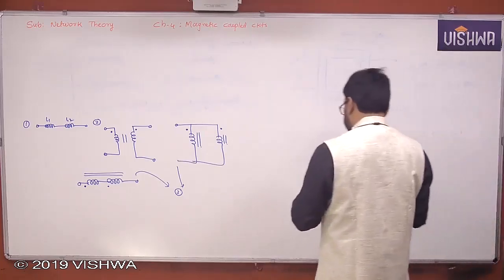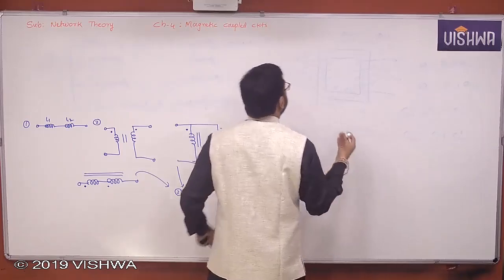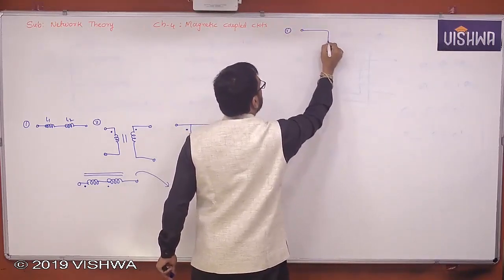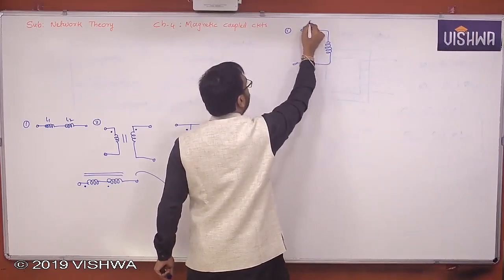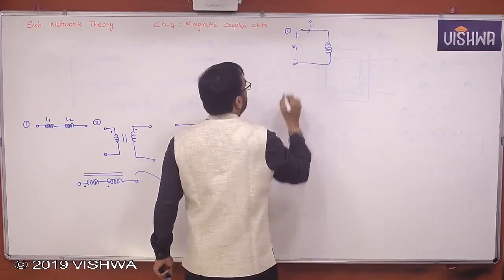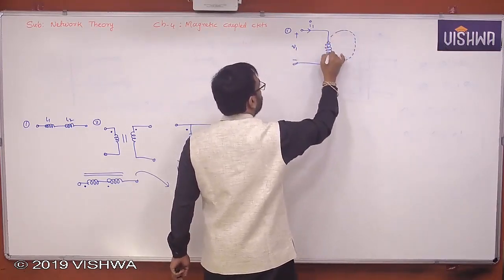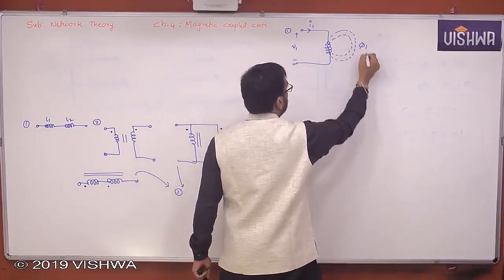Now let us see. Suppose a single coil is excited. Say there is a single coil. The current flowing through it is I1 and the voltage applied is V1. So the flux linking with the coil is going to be phi1.